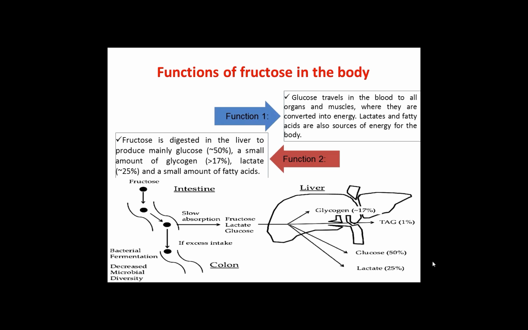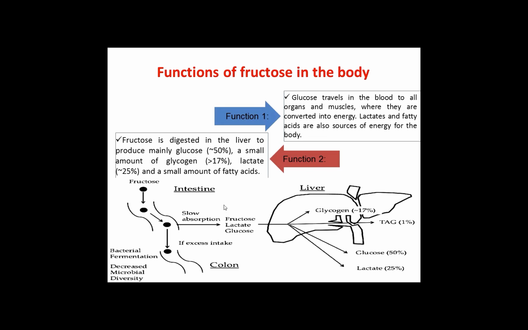I have the metabolic effect of fructose. Fructose is slowly absorbed in the intestine. If excess fructose is consumed, the inability to absorb fructose causes bacterial fermentation, which leads to irritable bowel syndrome.